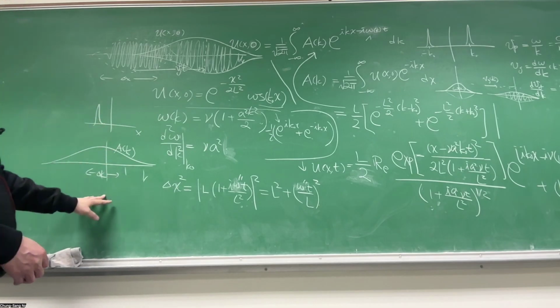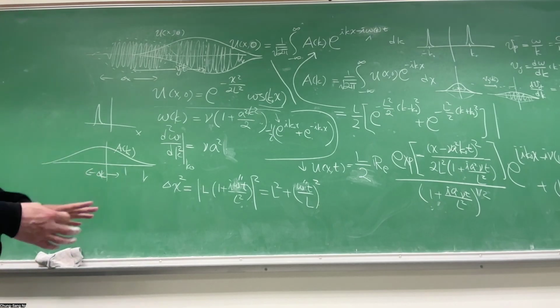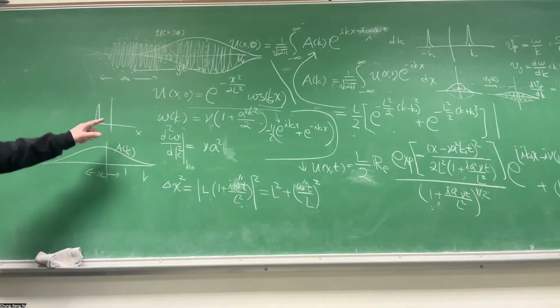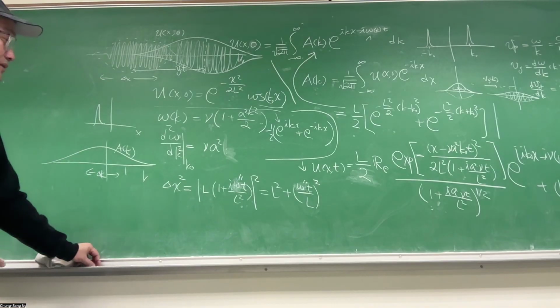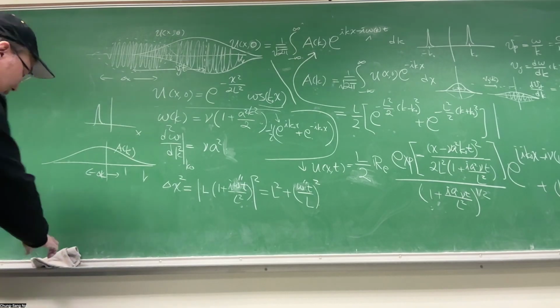All the concepts of group velocity and profile broadening depend on the assumption that it's almost like a single frequency. If it is not, you need to be careful, especially for more complicated media.